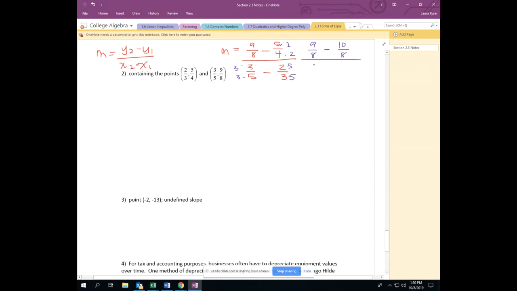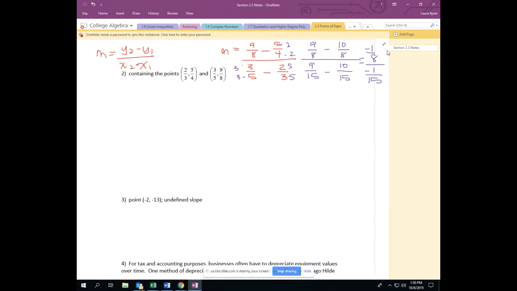So we're looking at 9/15 minus 10/15. And so the top of this thing is -1/8. The bottom of this thing is -1/15.